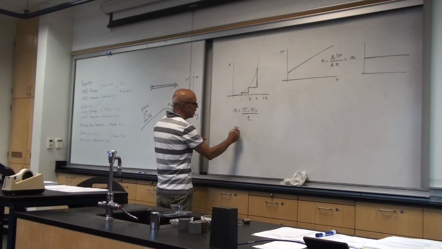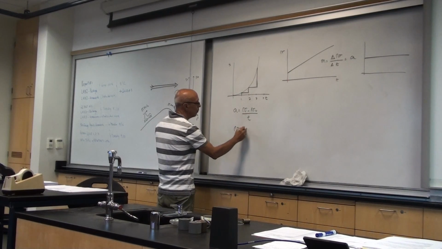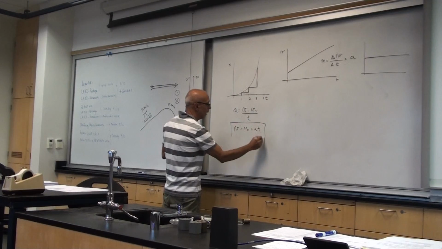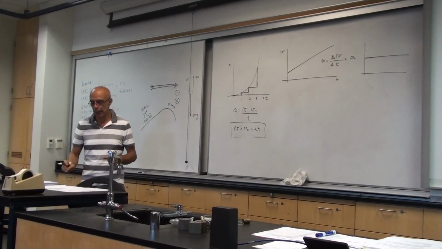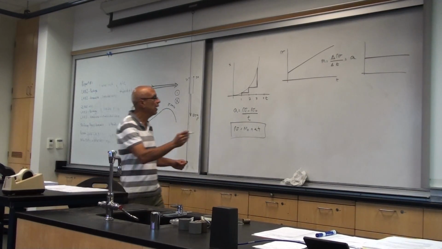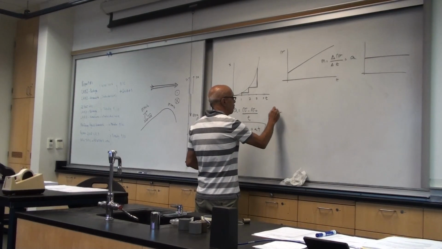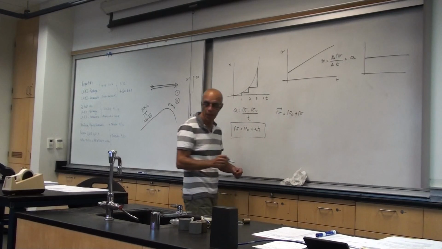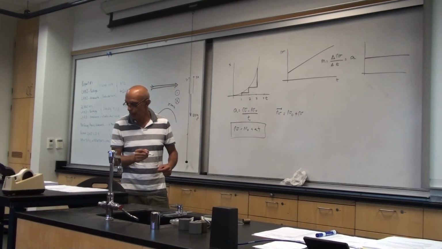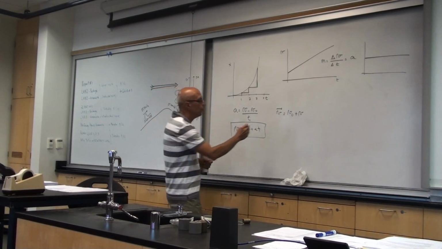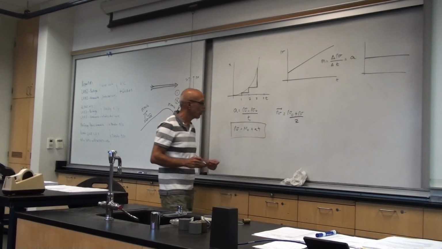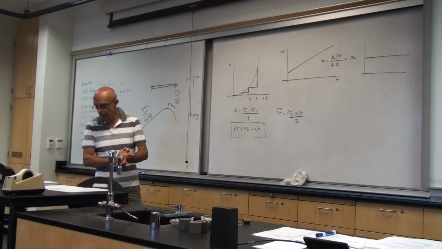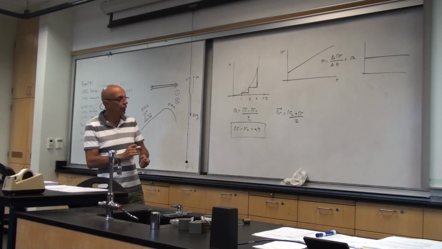Now I write V is going to be V0 plus AT, right? That is my second formula that I can come up with. And then I have here that V bar is going to be V0 plus V divided by 2.